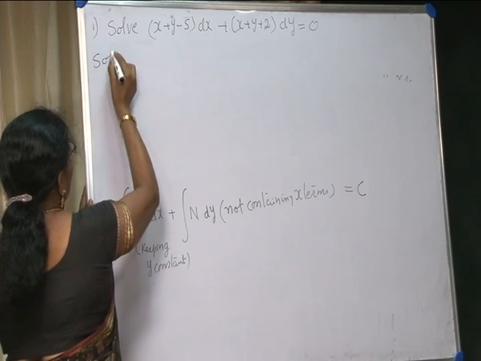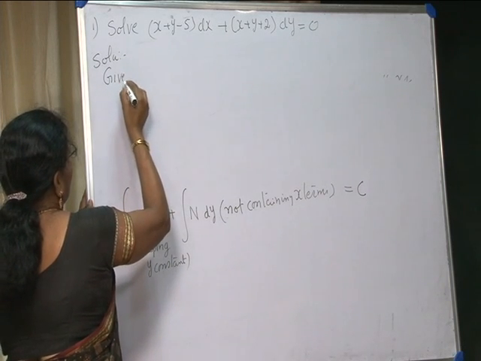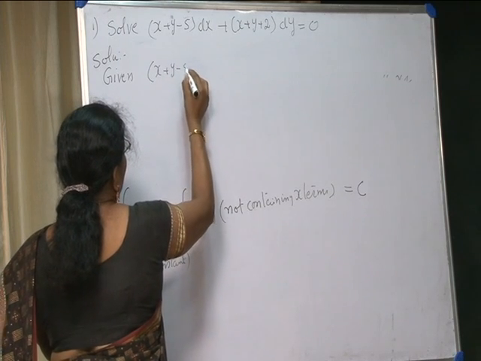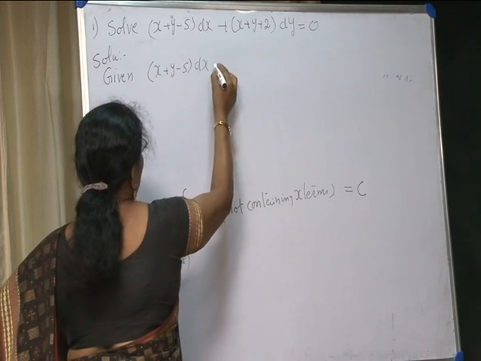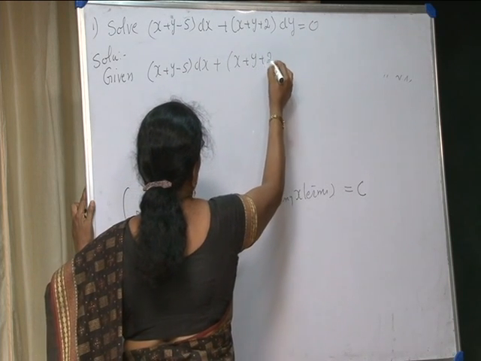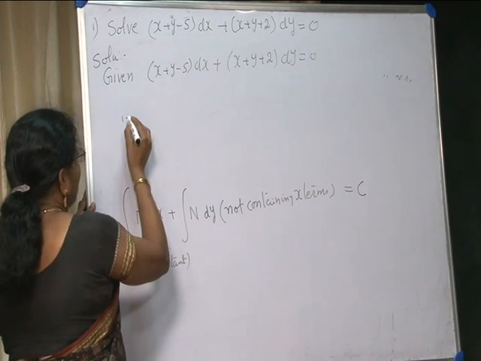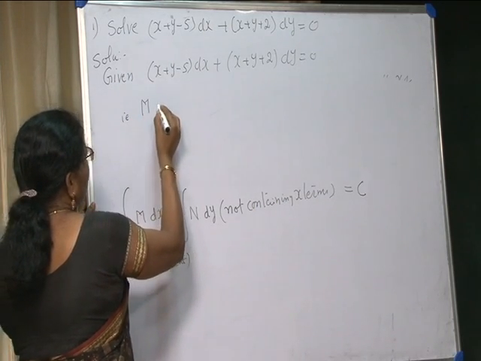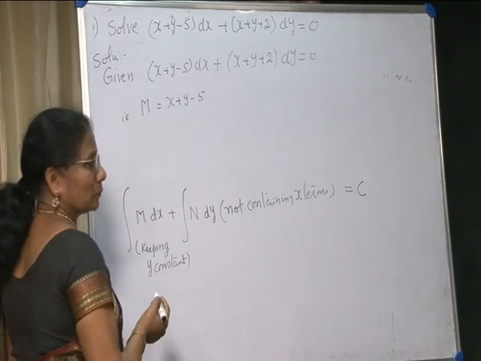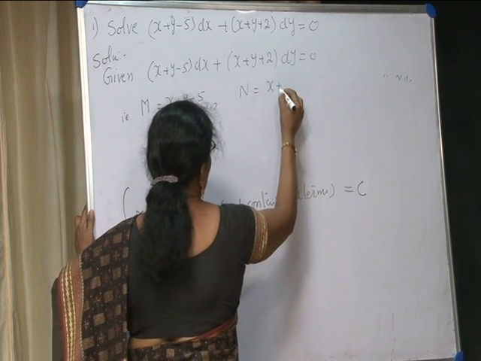Solution: given (x plus y minus 5) dx plus (x plus y plus 2) dy equal to 0, that is M is equal to x plus y minus 5, N is equal to x plus y plus 2.